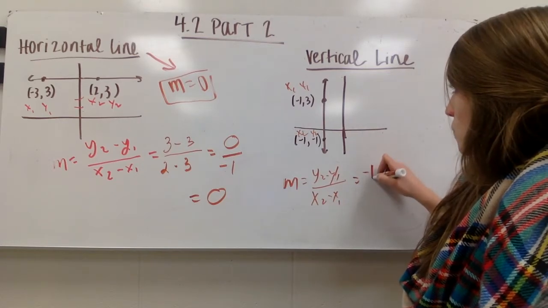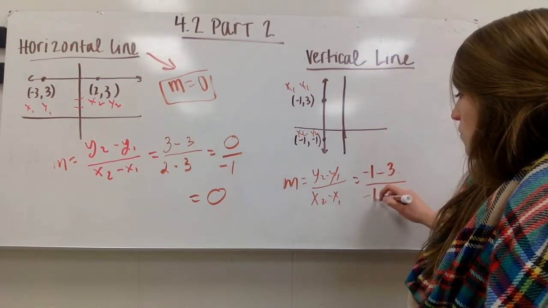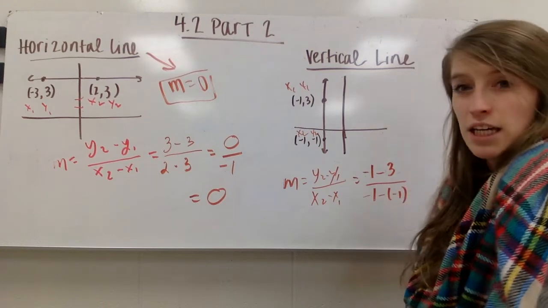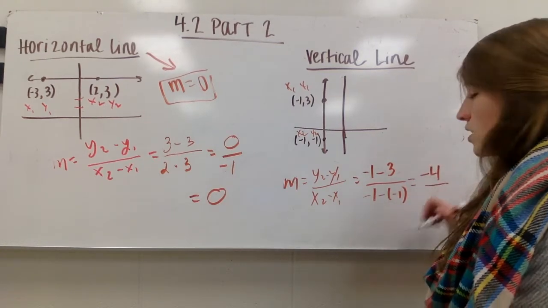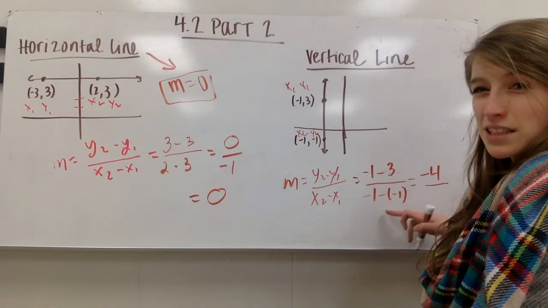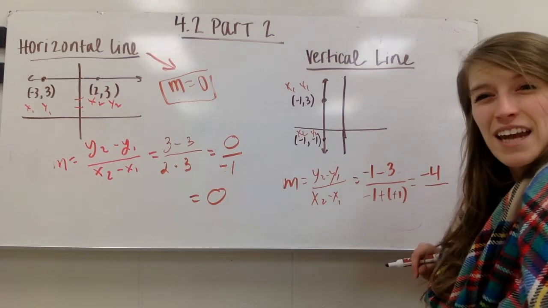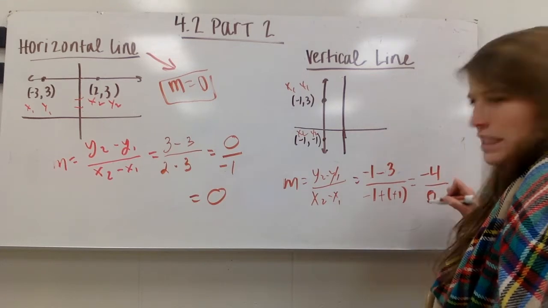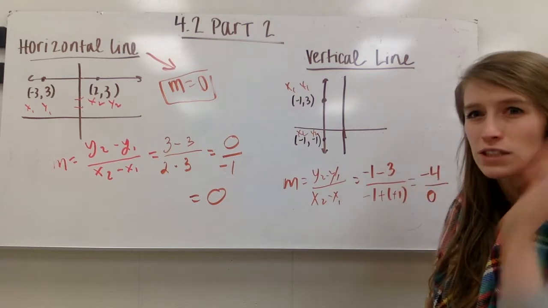So this is negative 1 minus 3 all over negative 1 minus negative 1. Now, negative 1 minus 3 is negative 4. Negative 1 minus a negative 1 is the same thing as plus 1. Negative 1 plus 1 is 0. So in this case, our slope is negative 4 over 0.